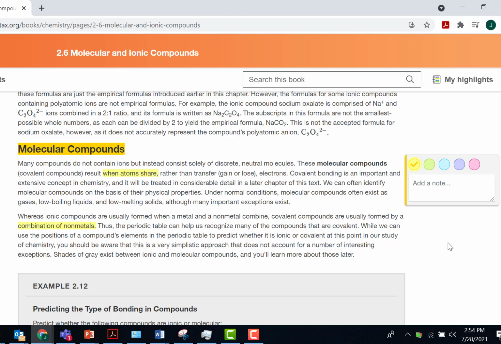Molecular compounds will, unlike ionic compounds, tend to form things that are often liquids and gases. So if you think of, we've already talked about O2 and H2 are gases. Those are molecular compounds. They are combinations of nonmetals.